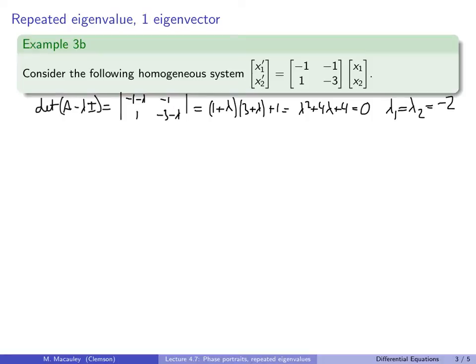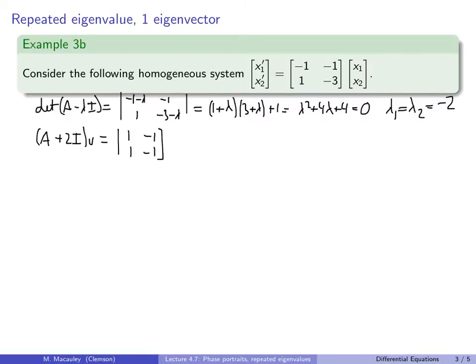Okay, so to find the eigenvectors, we take A minus lambda I, which is A plus 2I, times v. So that's going to be negative 1 minus negative 2, which is positive 1. Positive 1, negative 1, positive 1, negative 1.